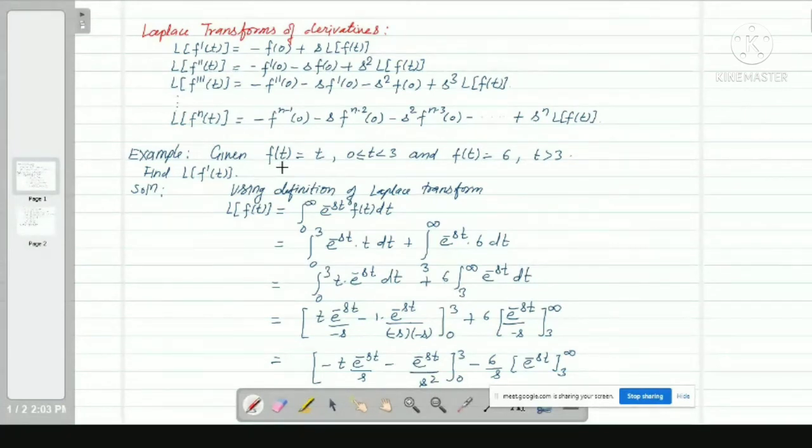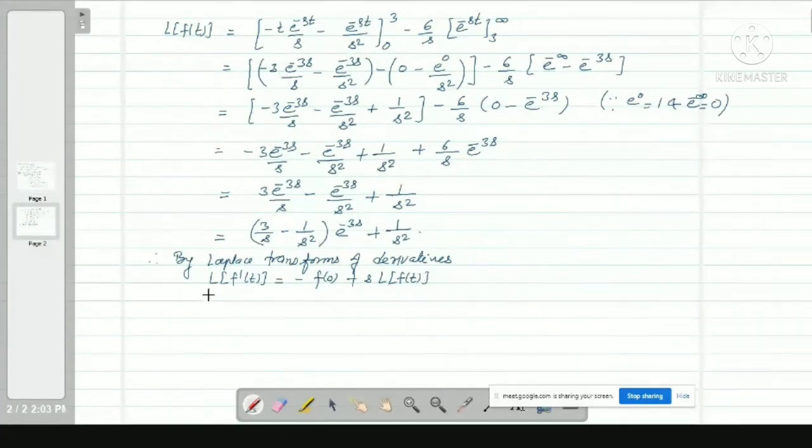When t lies between 0 to 3, f of t is equal to t, when 0 is less than or equal to t, and t is less than 3.